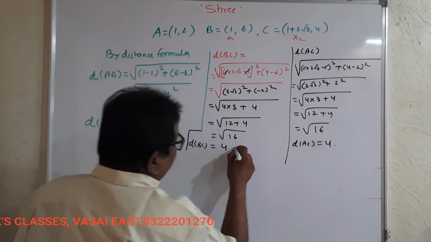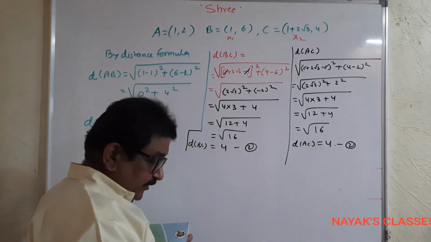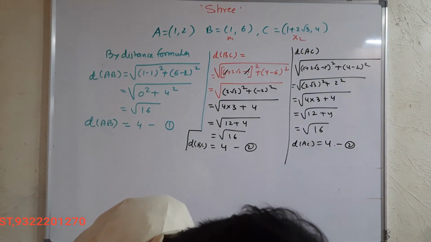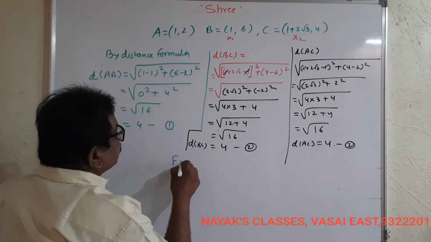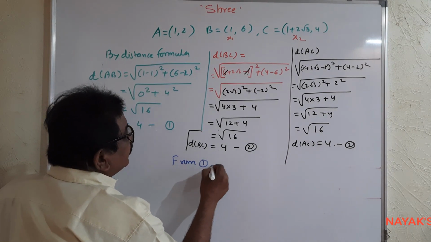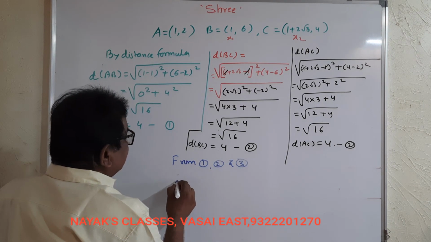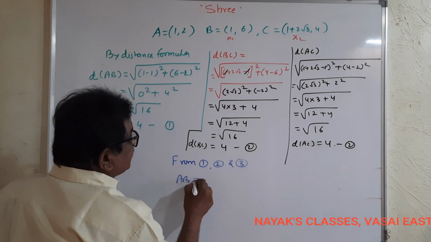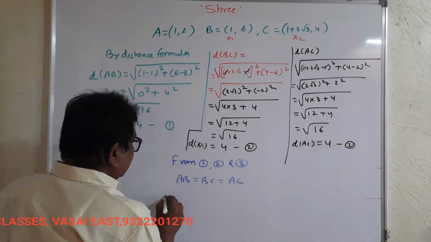From 1, 2 and 3, the final answer is AB is equal to BC is equal to AC.